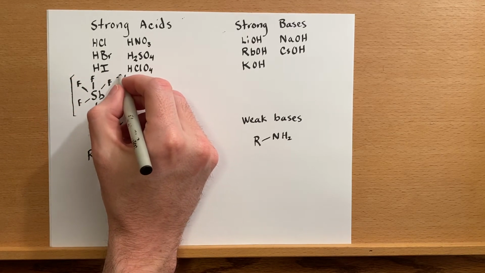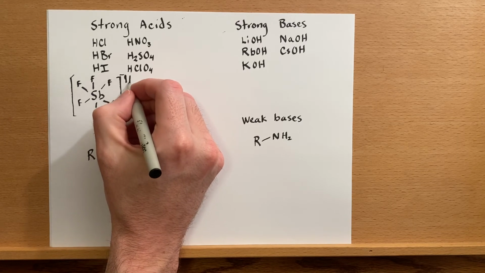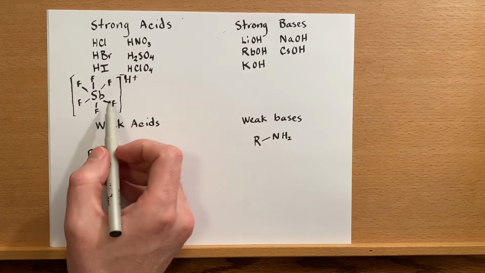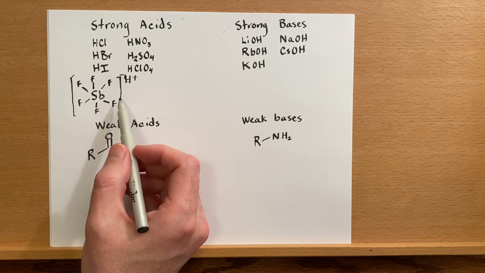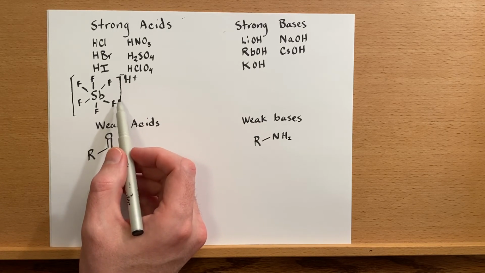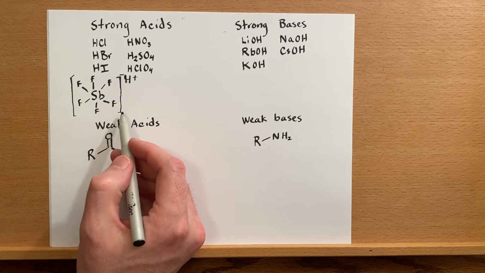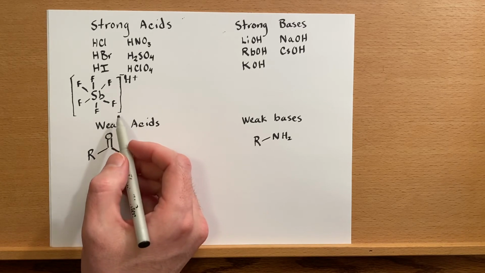This one has a negative charge here, and then there's H plus. This is called fluoroantimonic acid. Some places also call it magic acid. This is a superacid.